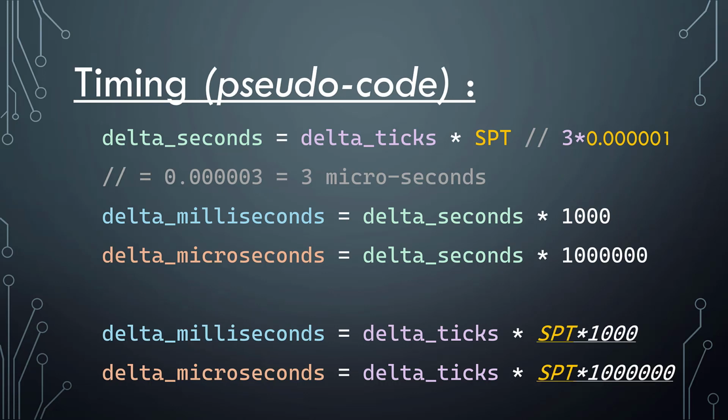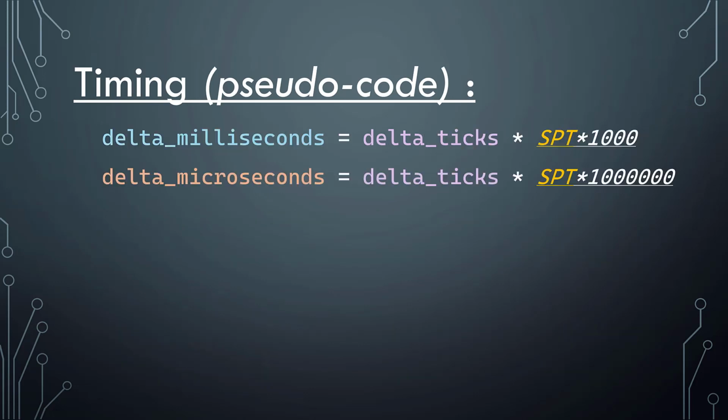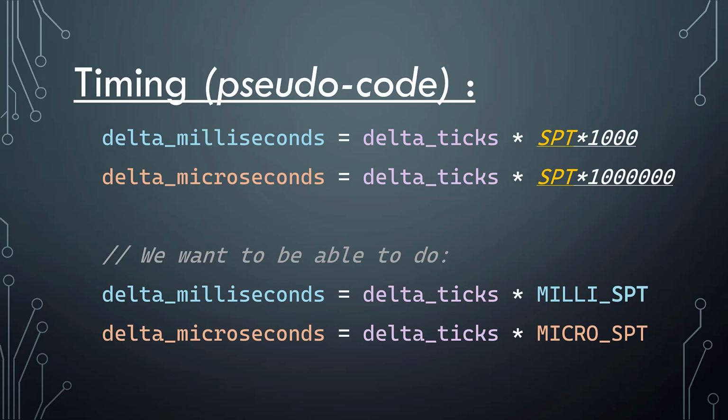What we actually really want is a constant: some fraction which is how many milliseconds per tick, relevant to our current platform.